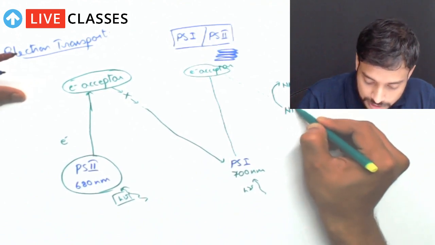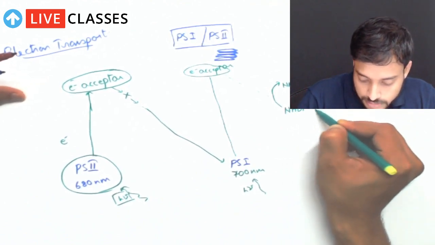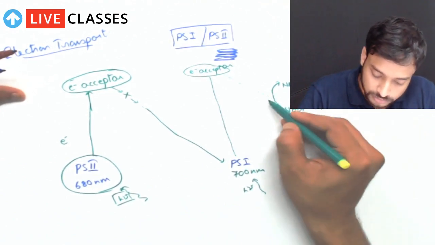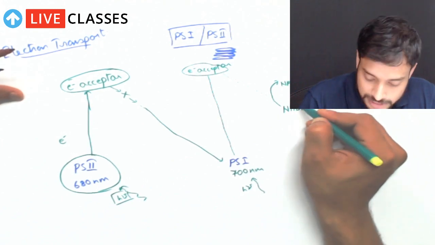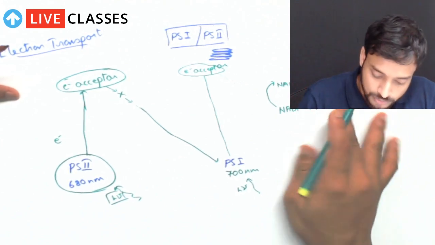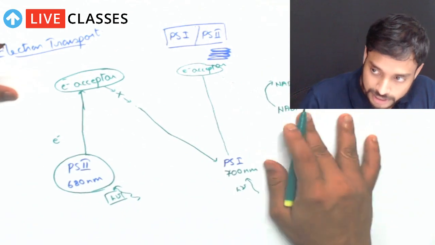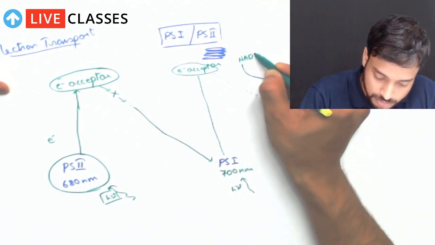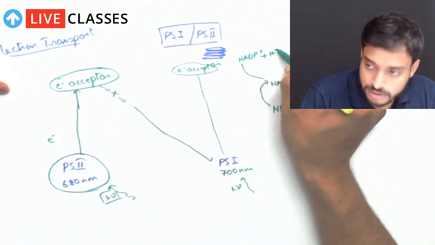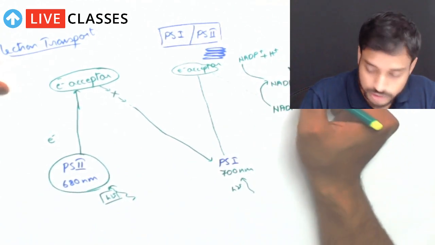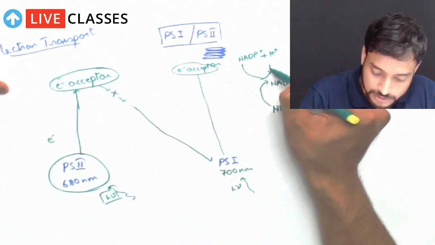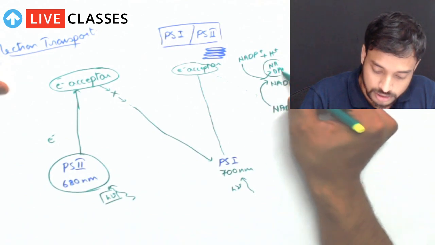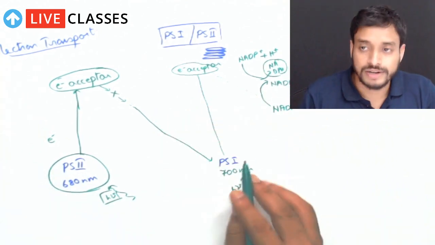From where? From NADP plus H plus, correct? So NADPH is formed from NADP plus H plus. This is the overall reaction.